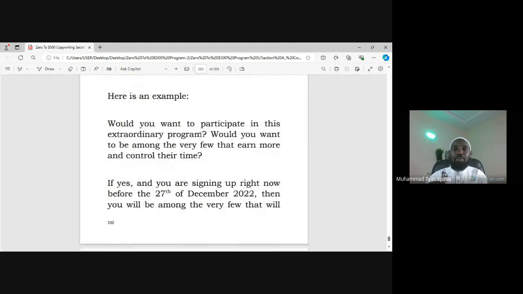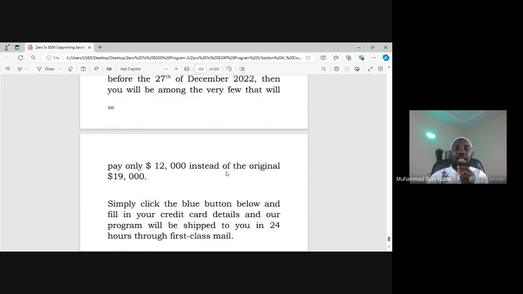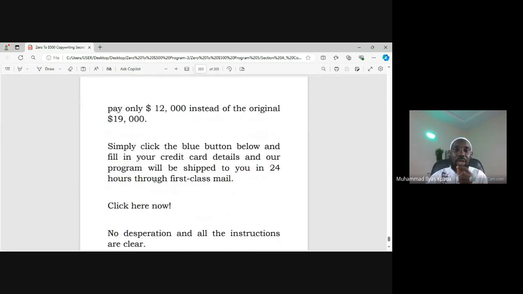Here is an example. Would you want to participate in this extraordinary program? Would you want to be among the very few that will earn and control their income? If yes, and you are signing up right now, before the 27th of December 2022, then you will be among the very few that will pay only $12,000 instead of the original $19,000.